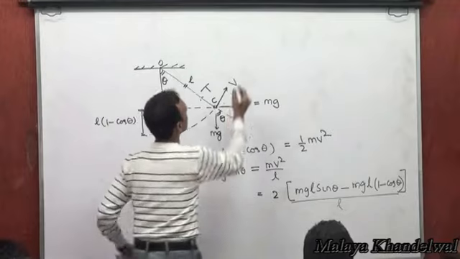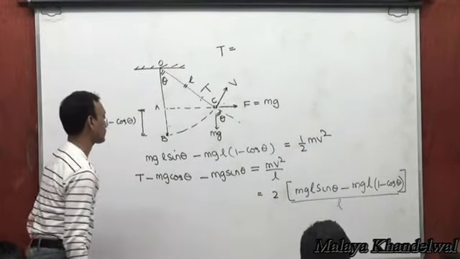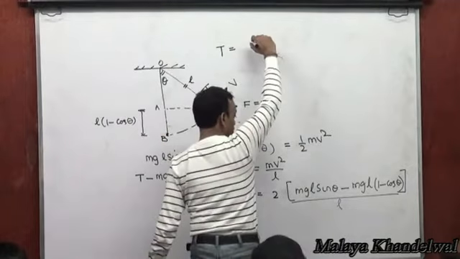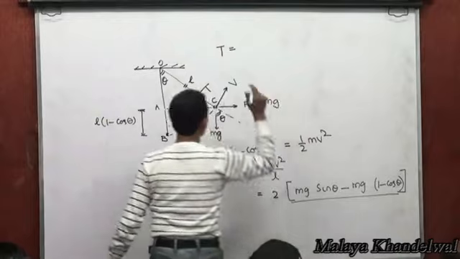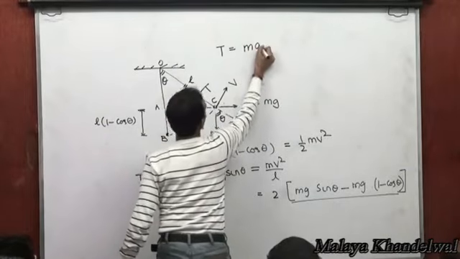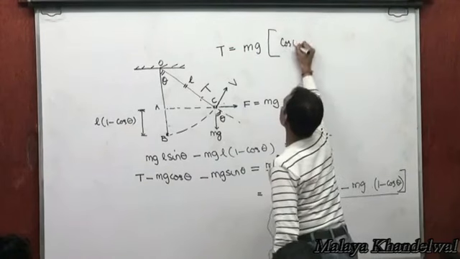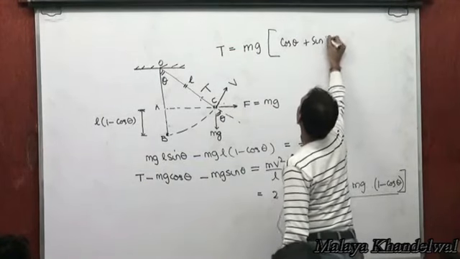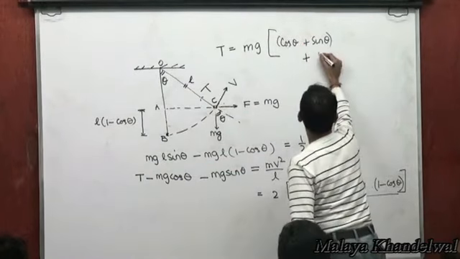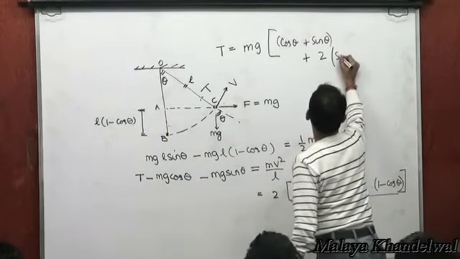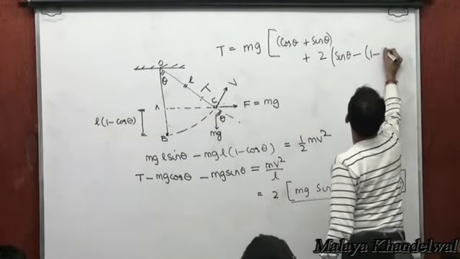We then have tension T, as L gets cancelled. T is mg into cos theta plus sin theta, plus 2 times sin theta minus 1 minus cos theta.